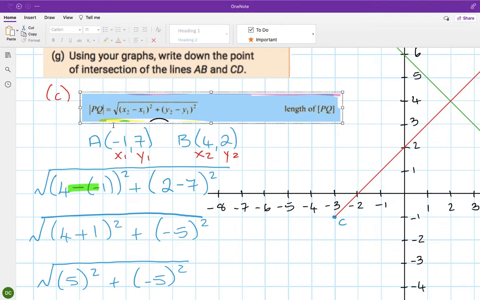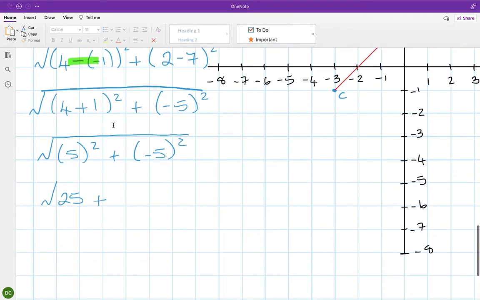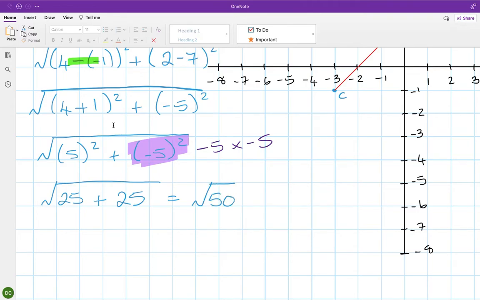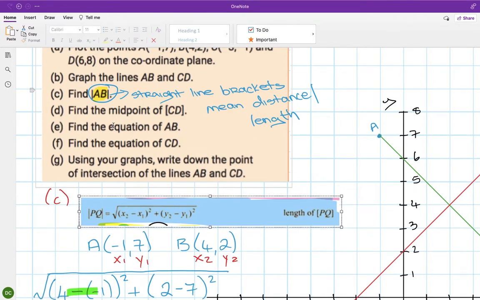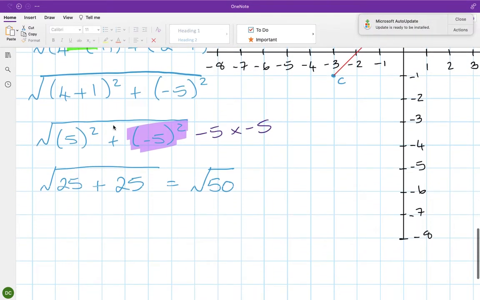Then -5 squared is -5 multiplied by -5, so the two minuses make a plus, and then you've just got 25. So that is the square root of 50. Square root of 50 is not a perfect square, so we're just going to leave it be. And that's part C.